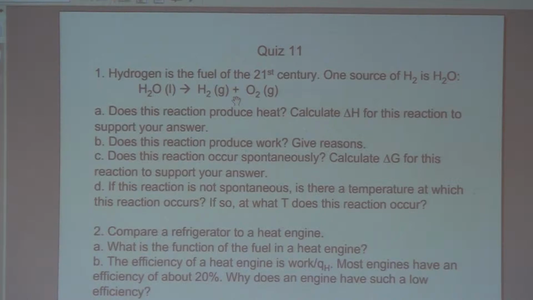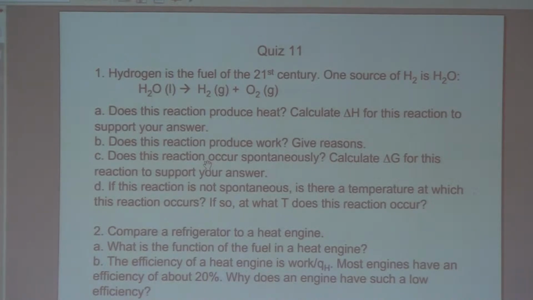So there's 2 gases producing products. Note that the H2O is a liquid, so you don't count the H2O liquid. So again, if delta N is less than 0, what is work? Greater than 0 or less than 0? So delta N is less than 0, that means work is going to be greater than 0.